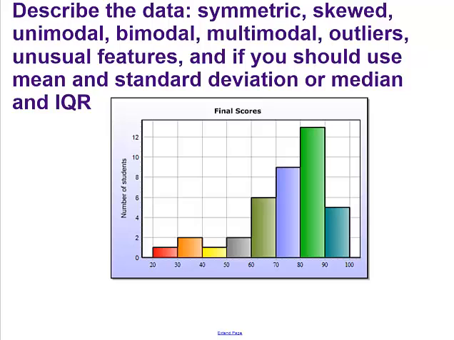Okay, looking at this graph, we could say that it is skewed towards the left and unimodal. We have one major hump here, and we would want to go with the median and the interquartile range, and we don't have any outliers here.